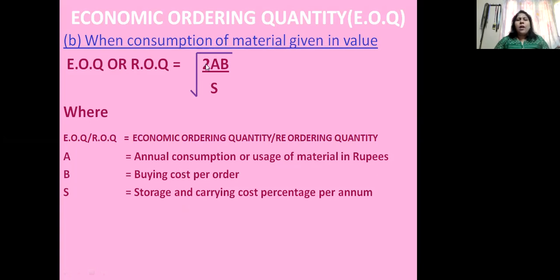A stands for annual consumption, B stands for buying cost per order, and S stands for storage and carrying cost percentage per annum. So the thing I want to highlight in this video is that root of 2AB divided by S can be used to calculate the EOQ when annual consumption or usage of material is given in rupees.